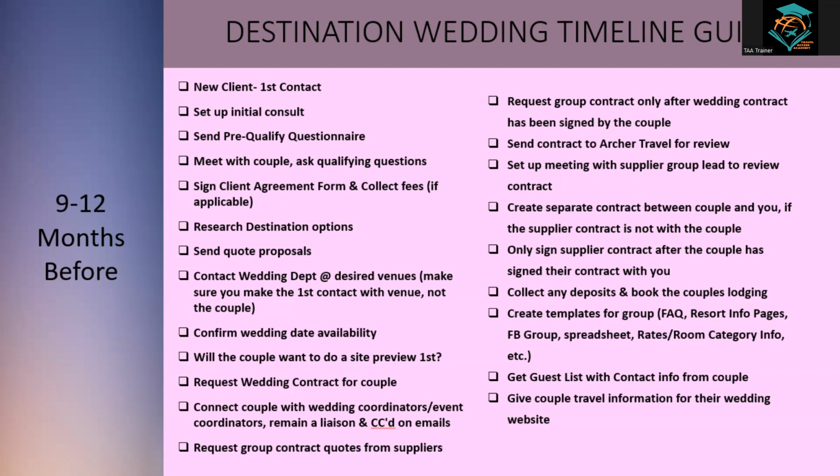Once the couple has agreed to, they've picked their destination, you are going to ask them if they want to do a site preview visit first. A lot of resorts offer this. Request the wedding contract for the couple from that wedding coordinator.